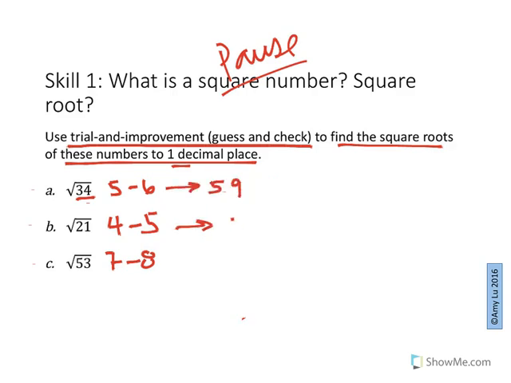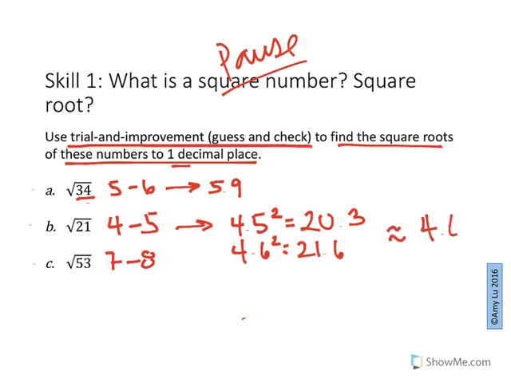Now in B, if you work with 4.5 squared, it will give you 20.3. If you did 4.6 squared, it'll give you 21.1. So the square root of 21 is approximately 4.6.